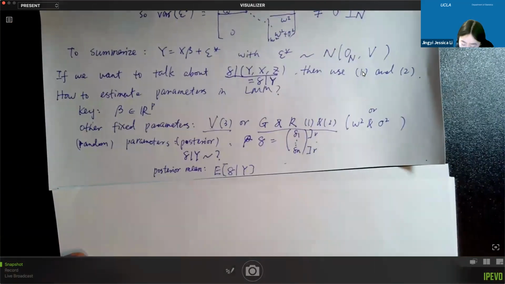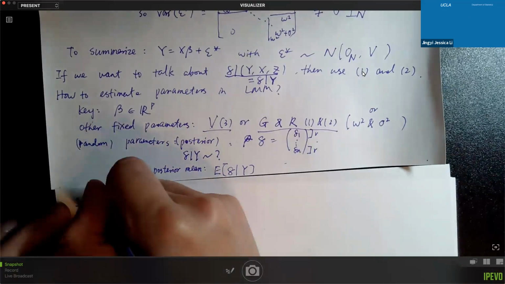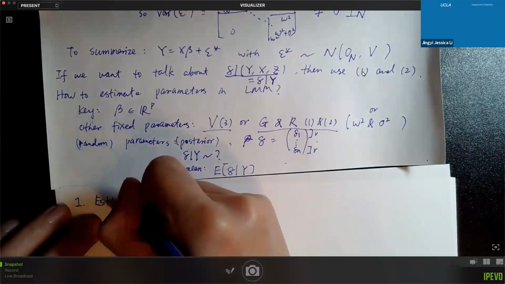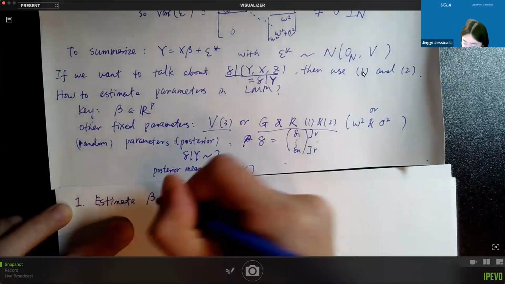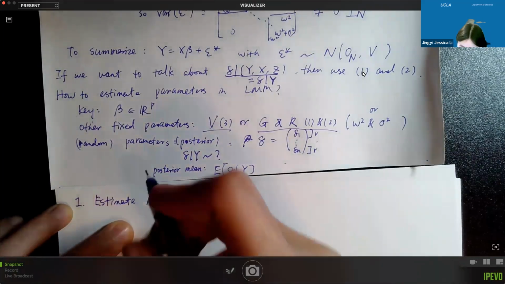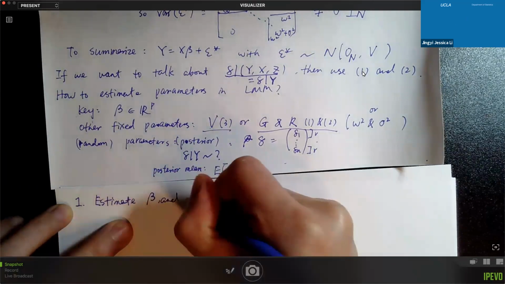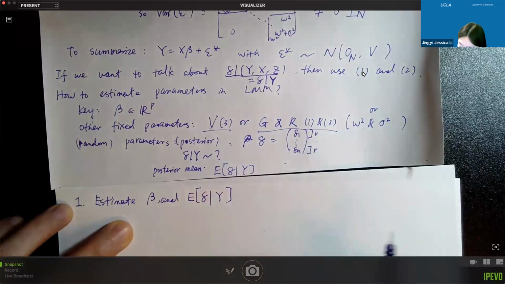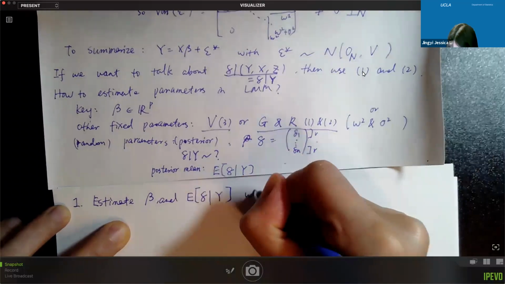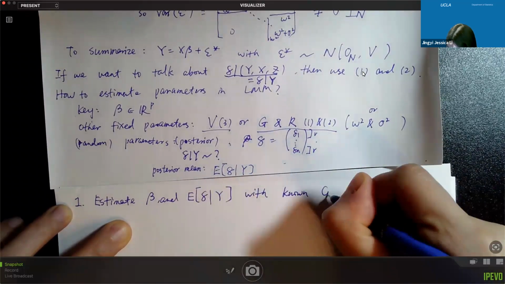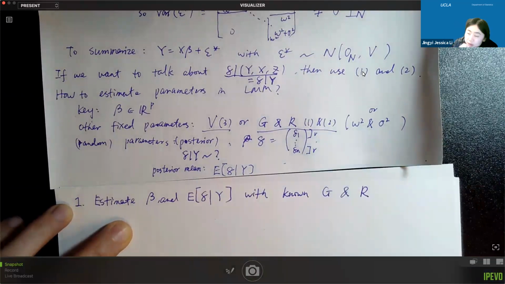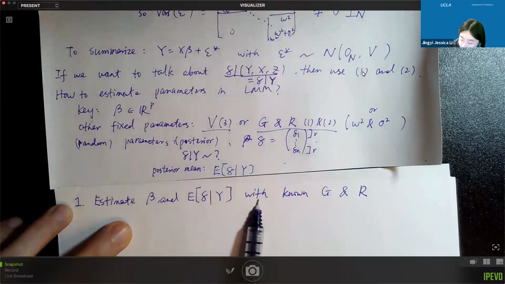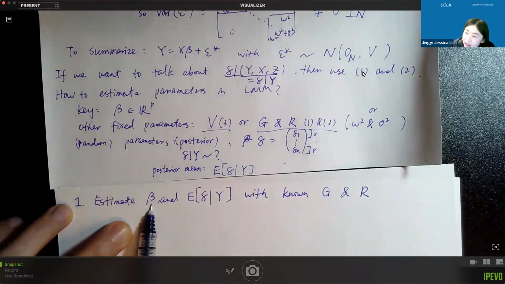We will first talk about estimation of beta and the posterior mean, when our other fixed parameters are known, with known G and R. So the variance related parameters are assumed to be known, and in this ideal case, how do we estimate the effects?